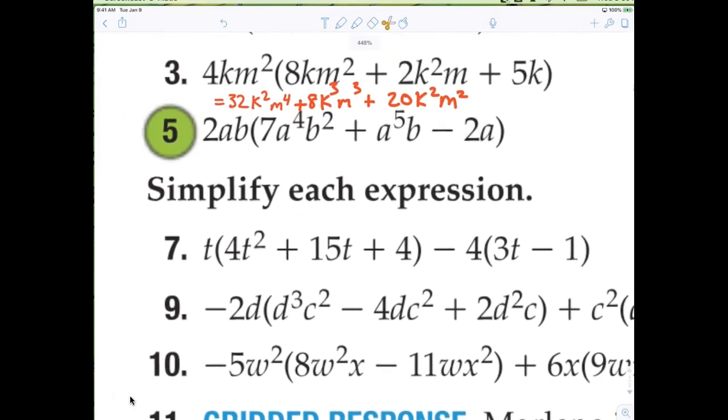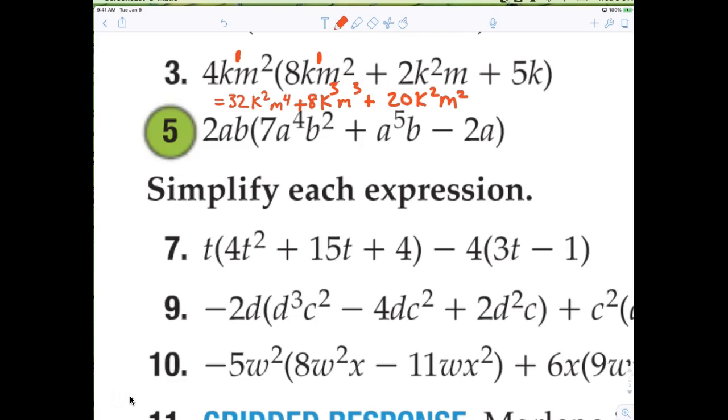So for number 3, I went ahead and I got that same thing except I put 32 km for it. It's k squared because there is a 1 here and a 1 here. 1 plus 1 is 2. That's why that's 2. So remember, if you don't recognize the number, the exponent is a 1.